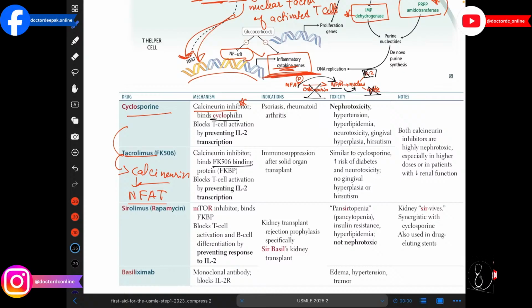Both drugs are metabolized by the P450 system, and they can have many drug interactions. Before giving cyclosporine or tacrolimus, we do renal function tests because both of these are going to cause nephrotoxicity.